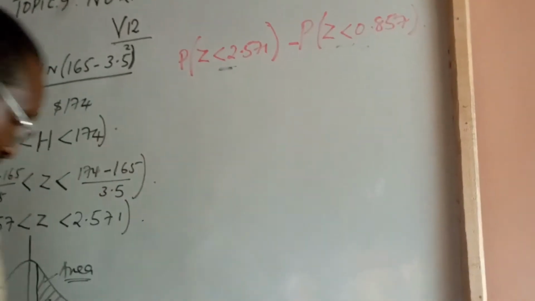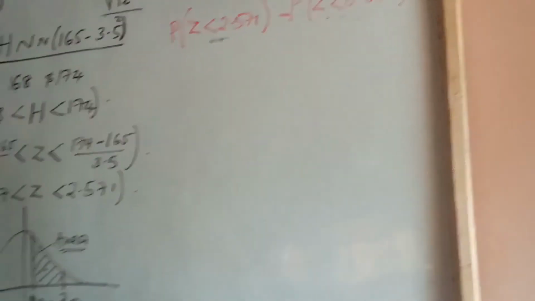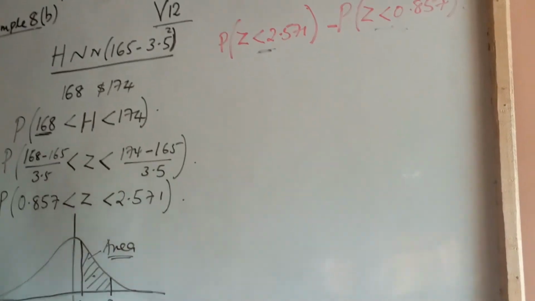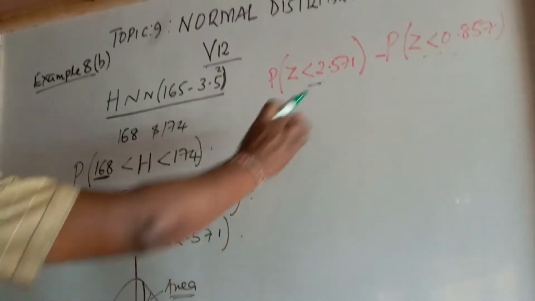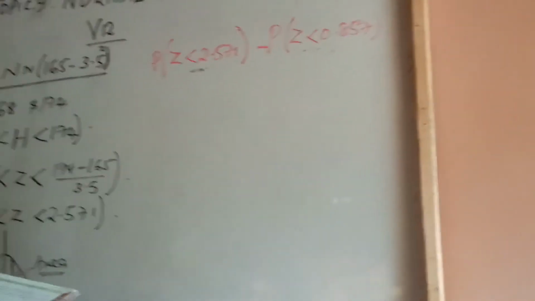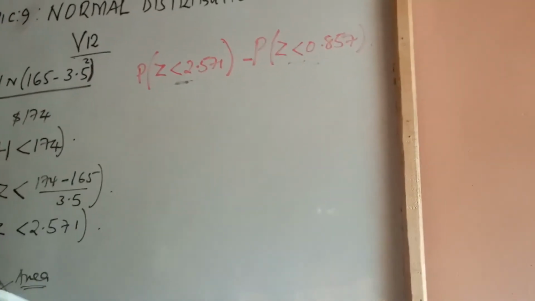We need to go to the table on page 201 and identify our Z, which is 2.57.